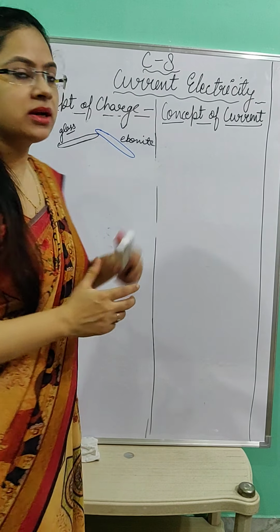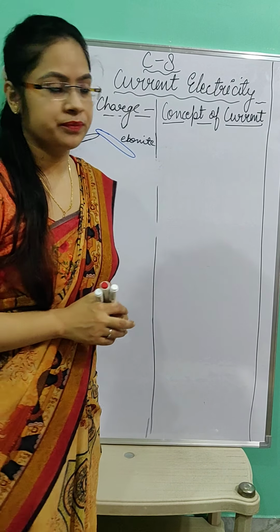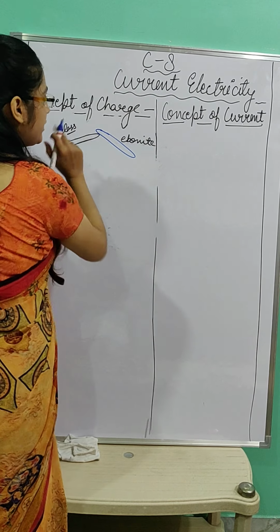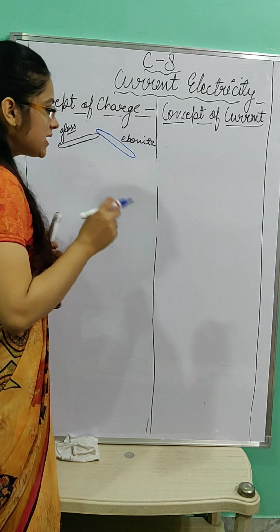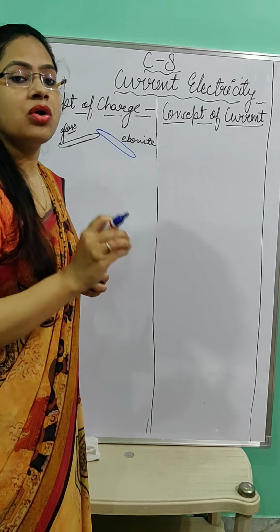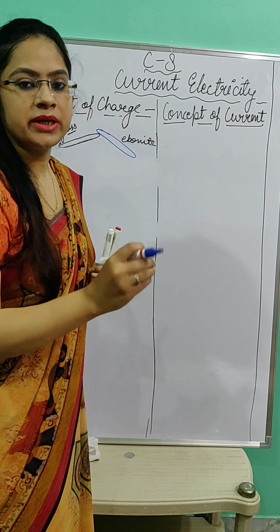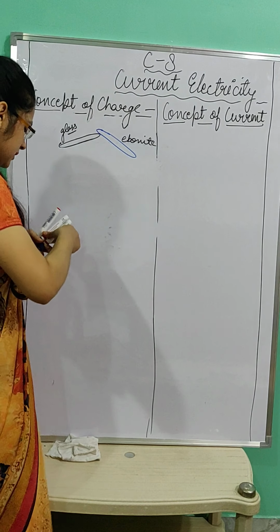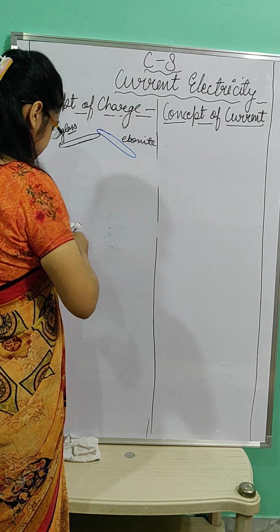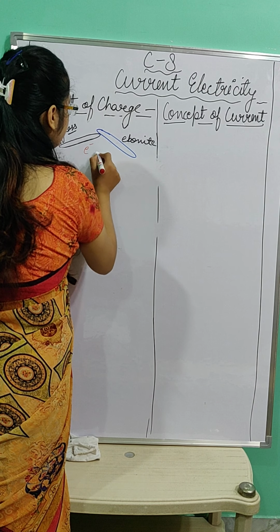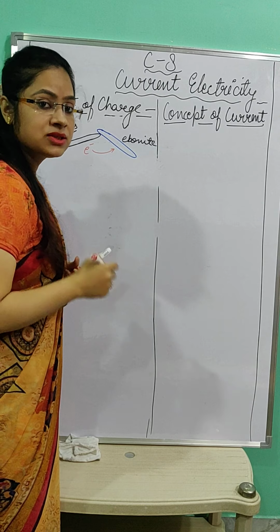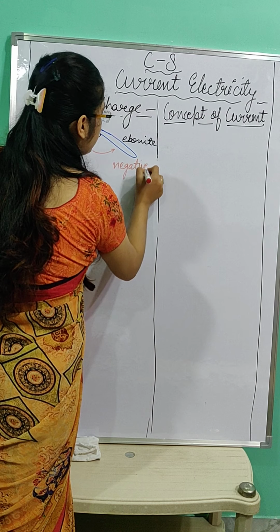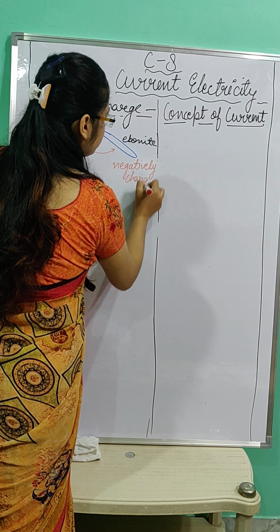The first concept that we are going to study is about charge. Now here I have drawn two rods, one made of glass and one made of ebonite. As we know that there is a transfer of charges whenever two objects are rubbed together. In case of glass and ebonite, when they are rubbed together, it is seen that the negative charge flows from glass to ebonite, and ebonite starts to behave as a negatively charged rod.